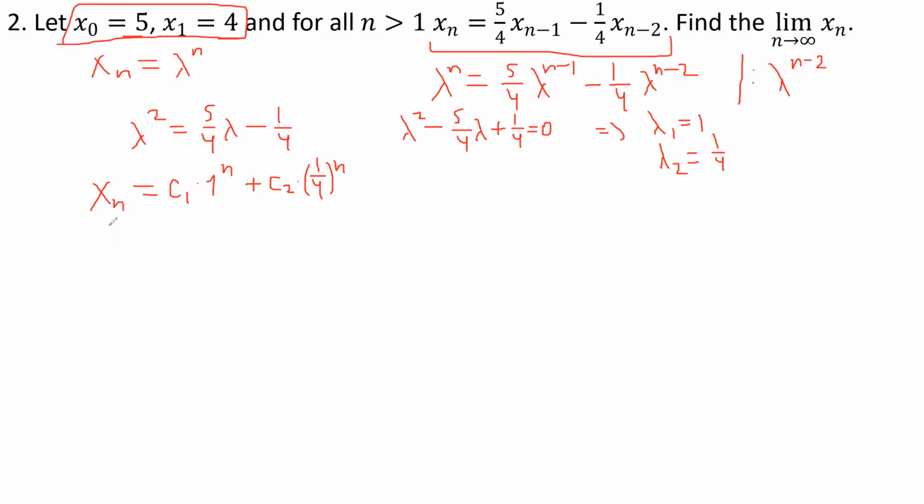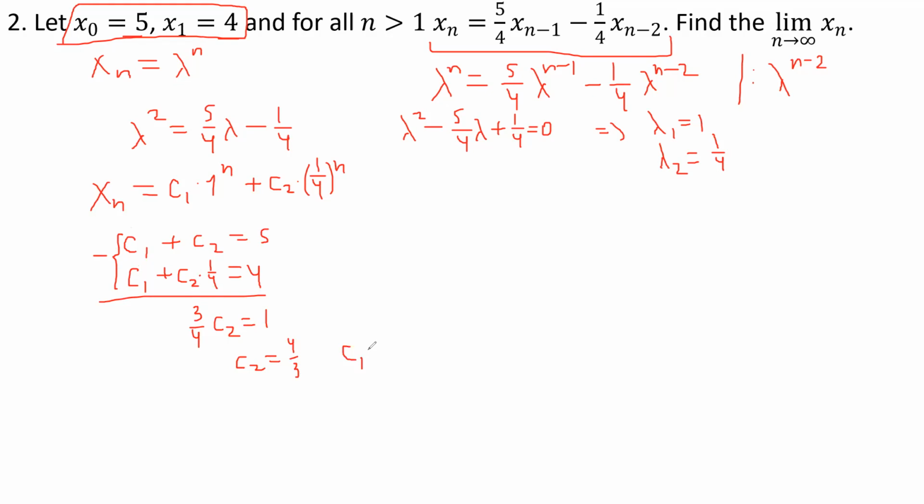When n is 0, C1 plus C2 is equal to 5, when n is 1, C1 plus C2 times 1/4 equals 4. We just subtract these equations and get C2 is 4/3.